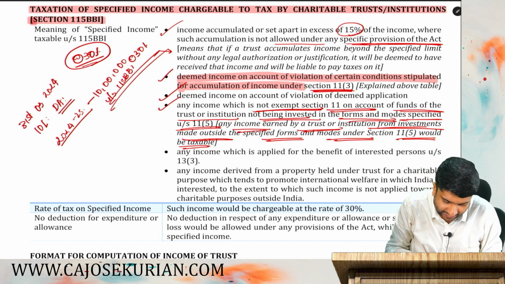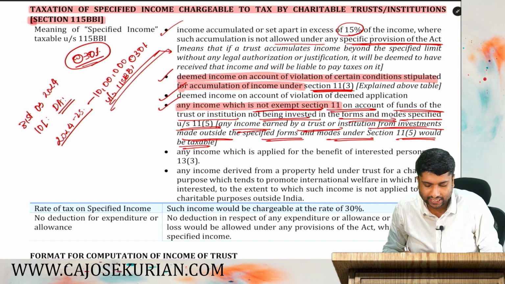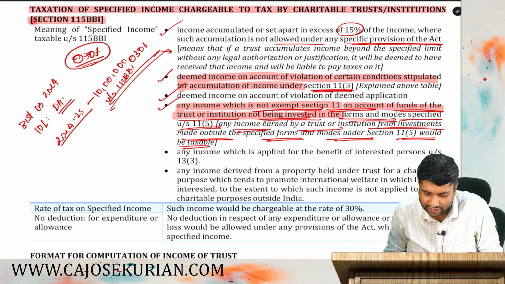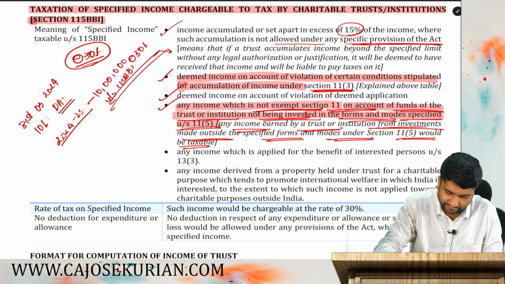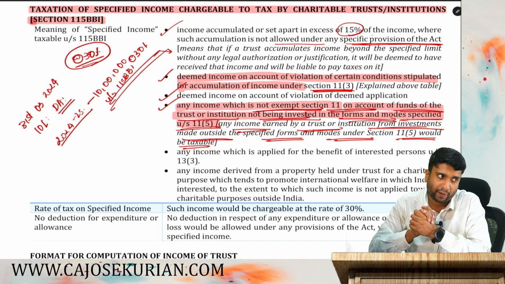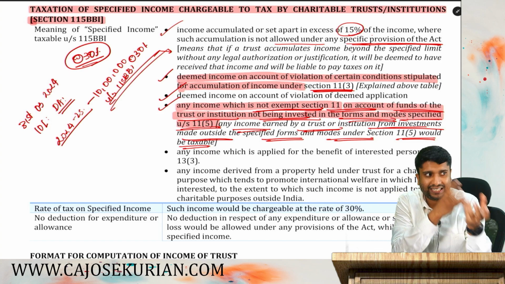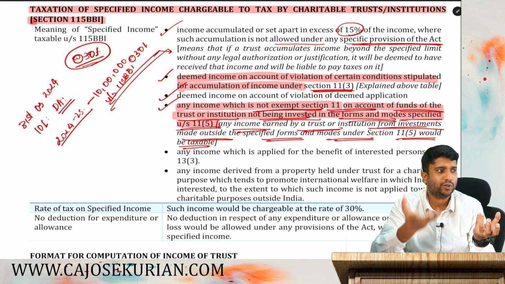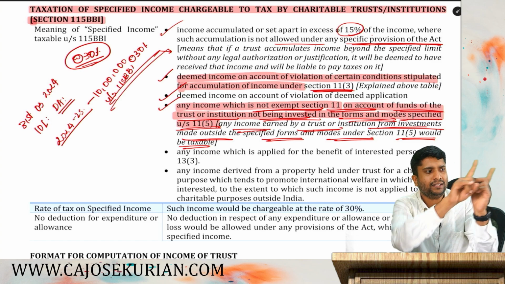So what they are saying is, any income which is not exempted under 11 on account of funds of the trust or institution not being invested in forms and modes specified under 11 subsection 5. I hope you got my point as well. A receipt has become your income due to non-investment in 11 subsection 5. Corpus donation you haven't invested in 11 subsection 5, then it will become your deemed income taxable at 30%.